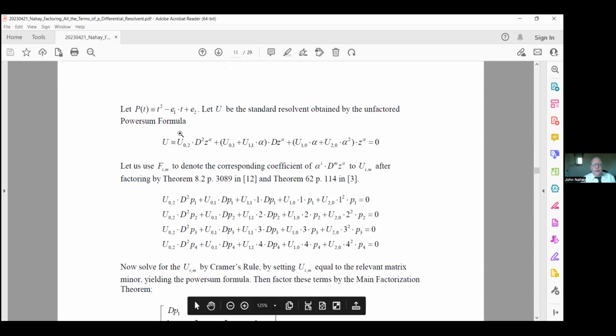Oh, okay, so here's the quadratic. Here's the standard resolvent for a quadratic. It's got 5 terms. Again, I try to use U for unfactored. And so you plug in 1, 2, 3, 4 for alpha, sum over the 2 roots, you get a system of, it's basically a 4x5 matrix in the U, and you solve for the UIM by setting UIM equal to the relevant matrix minor.